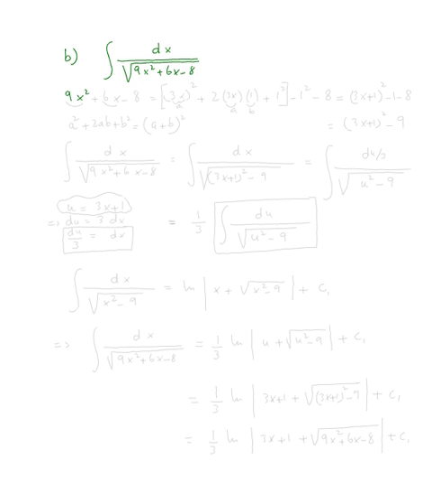So 9x squared plus 6x minus 8. First, we're going to be using the identity a squared plus 2ab plus b squared is equal to (a plus b) squared. So notice that the first term can be written as (3x) squared.